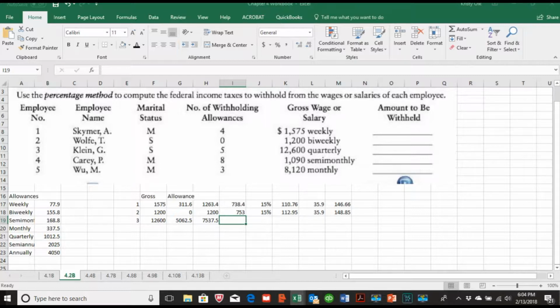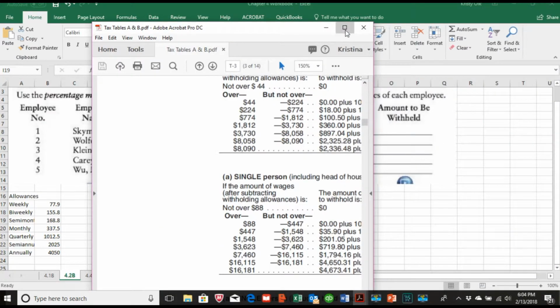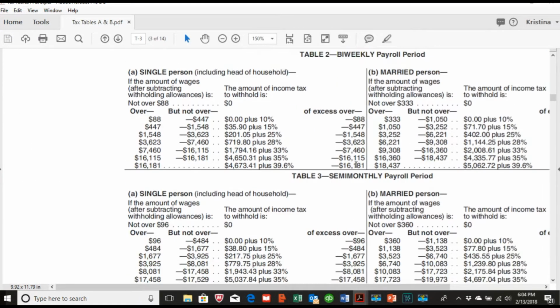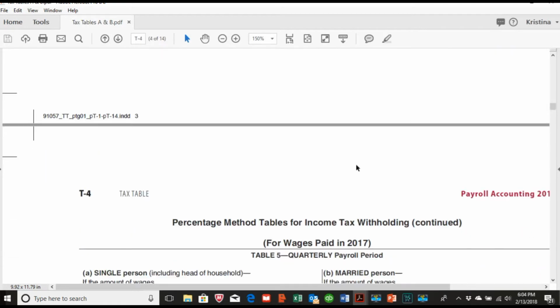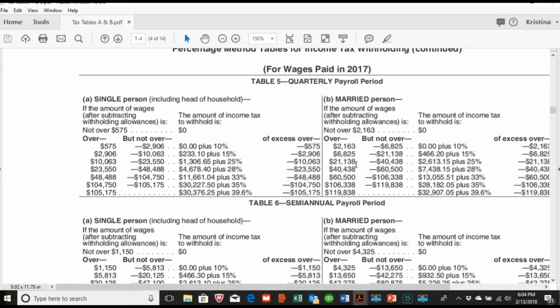So let me pull back up those handy dandy percentage tax tables. And let's look for the quarterly. Looks like it's over here on the second page. And the amount that we needed to look for is the $7,537.50. So looking here, he's single. He's going to fall into this 2906 through 10,063.